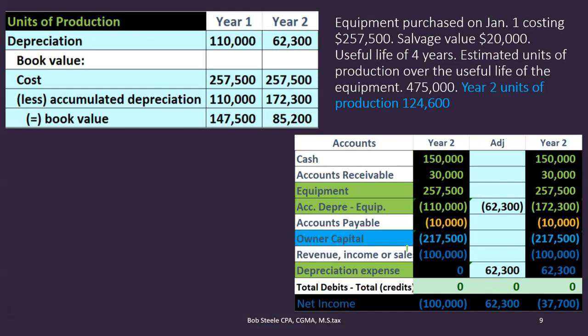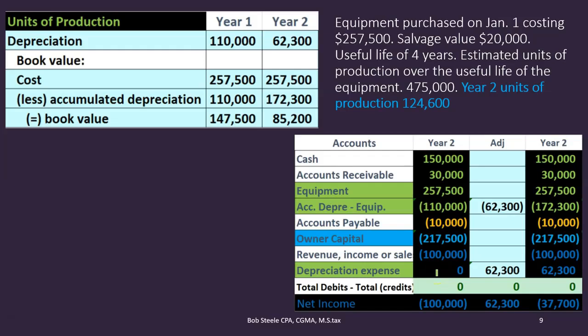So if we look at this in terms of the transaction, then in terms of the accounts, this is where we start off in the adjusting process before this adjusting entry at the end of year 2 rather than year 1. We can see that we left off after year 1 and before recording this. In the year 2 adjusting entry, we have the cost at 257.5 less the accumulated depreciation, book value for 147.5. We have nothing in depreciation expense. Why?